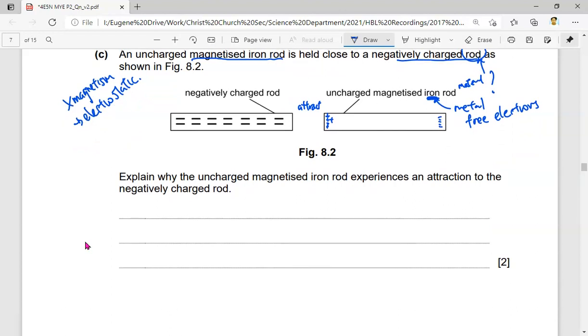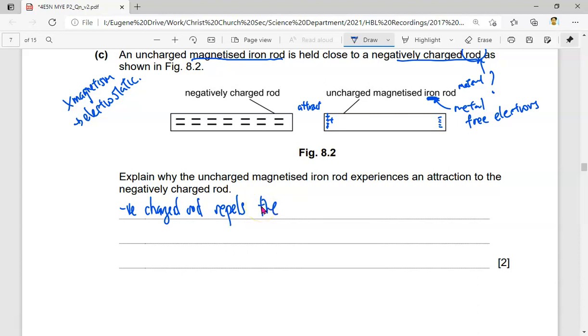So how do you exactly put down words? First thing, you're going to say that the negatively charged rod actually repels. Take note, repels what? The electrons.